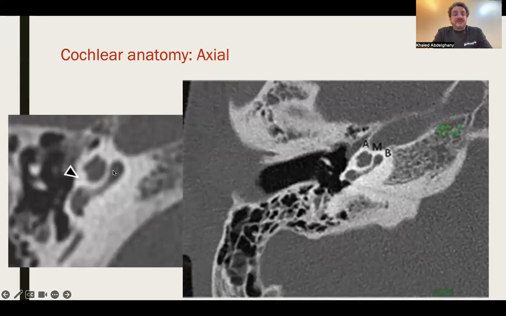Again, you can see the modulus within the basal turn. Good development of these two structures will lead to normal cochlear configuration and size. Arrested development, underdevelopment, or absence of either the interscalar septa or the modulus will lead to malformation of the cochlea.